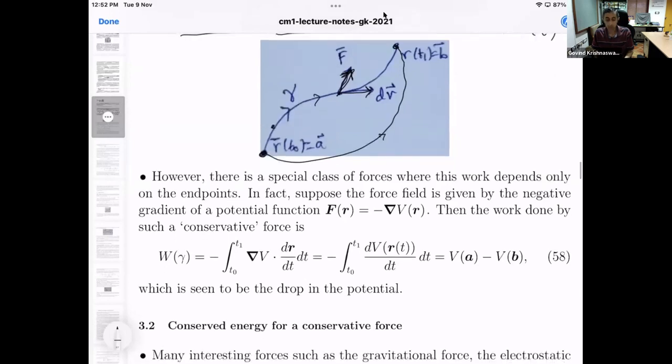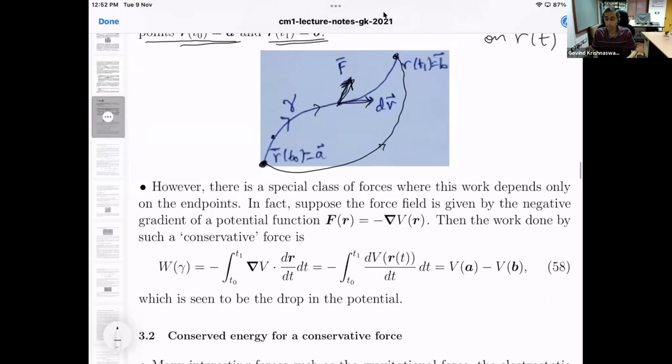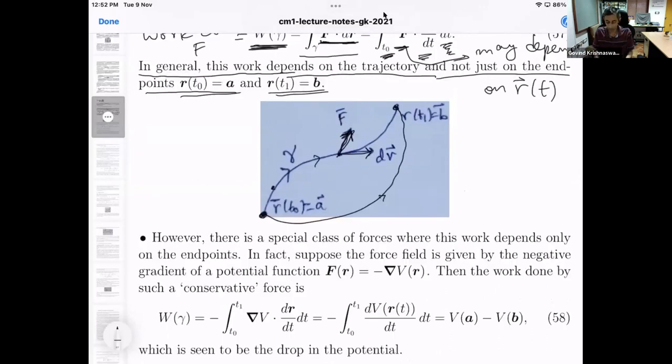Okay, now we come to a further observation. There is, however, a special class of forces. I just observed that the work done by a force along a trajectory depends on the whole trajectory, generally speaking, not just on the endpoints.